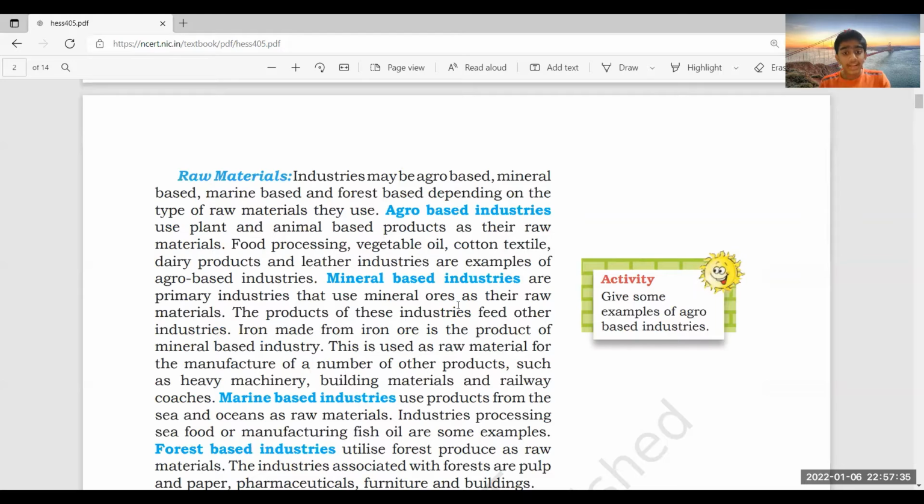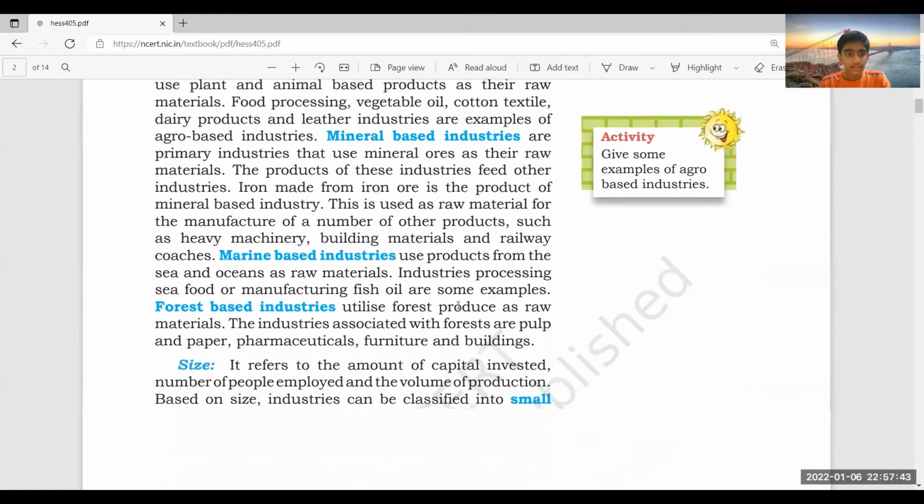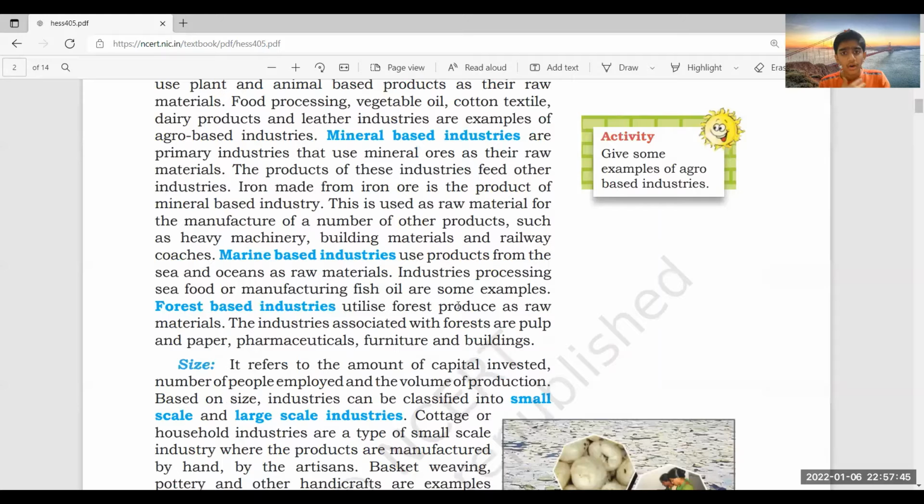Mineral-based industries are primary industries that use mineral ores as a raw material. The products of these industries feed other industries. Many mineral-based industries would come under this. It would be used for building machineries, materials, and many other things.